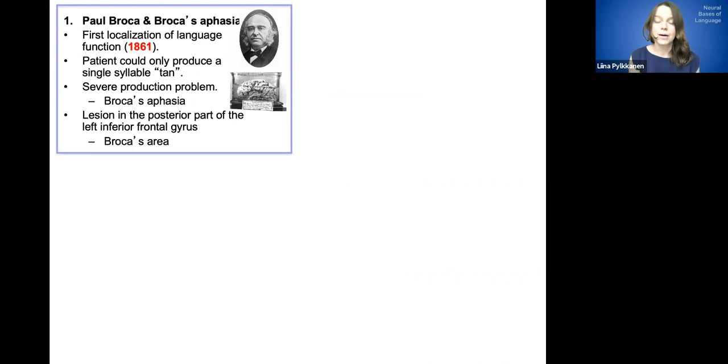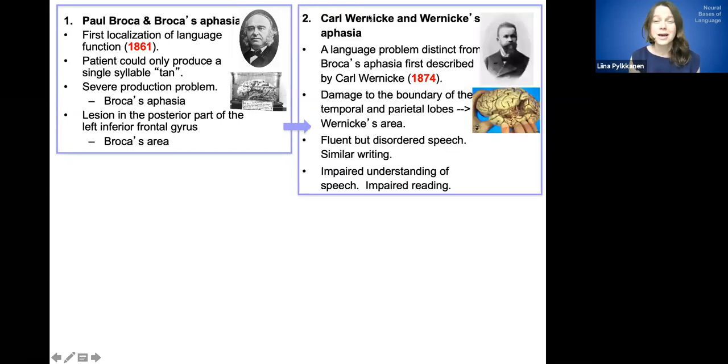Remember, Paul Broca performed the first localization of language function in the brain and studied the patient Tan, who had this very severe production problem. And that is what led to the hypothesis that Broca's area is some kind of a language production region, somehow responsible for the production part of language. And step two, Carl Wernicke identified this more posterior patch of cortex that seemed to be more responsible for comprehension.